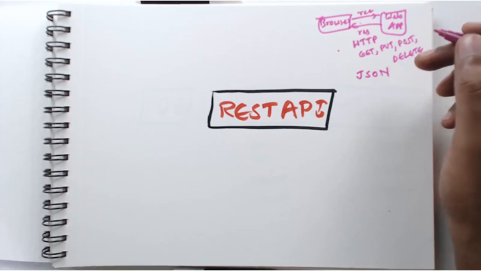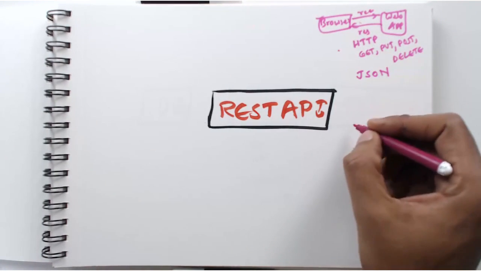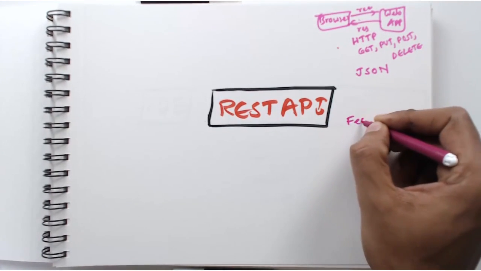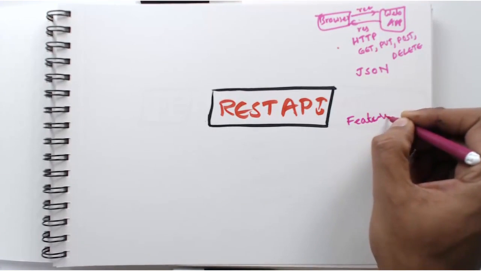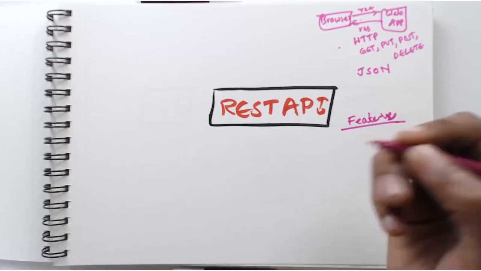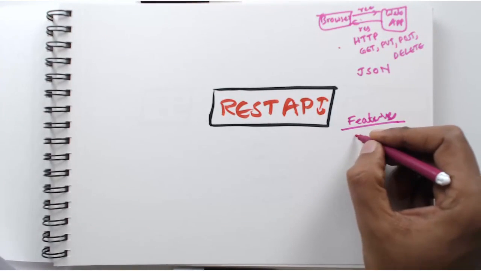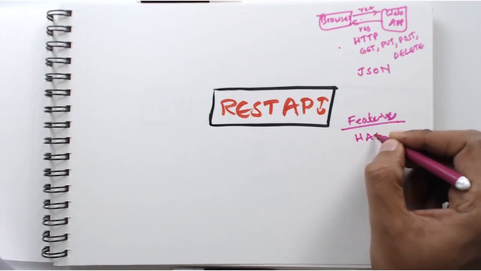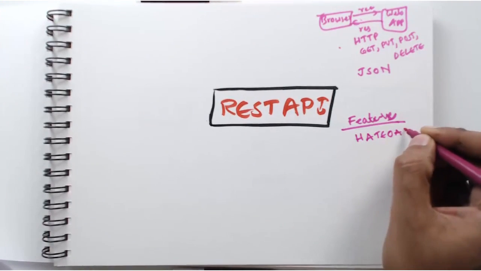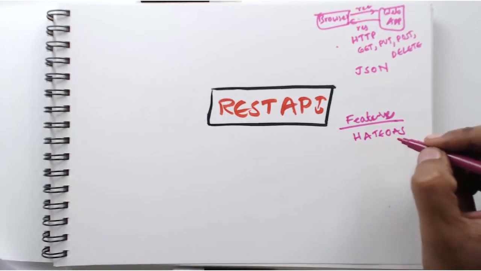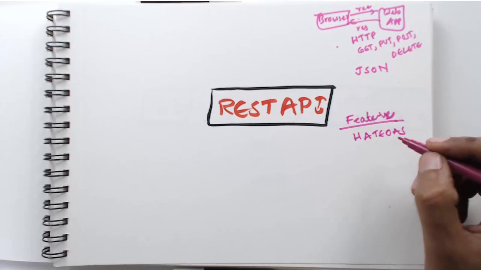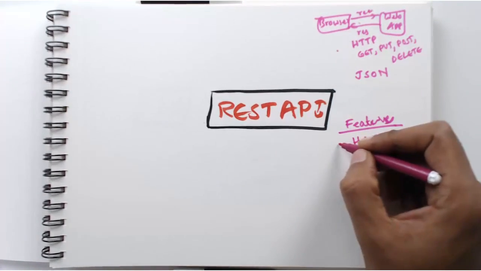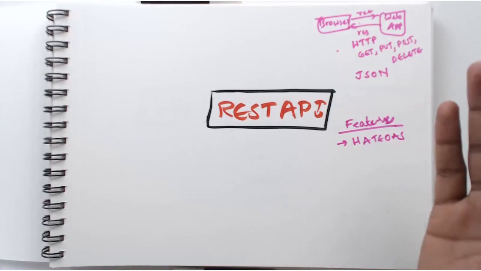Now, whenever we look at building a REST API, what are the features that you would want to build into a REST API? Let's quickly look at them. So you want to learn REST API, what are the features you would want to build? One of the important features is something called HATEOAS, Hypermedia as the Engine of Application State. Whenever you go to a web page, you do not just see the data.